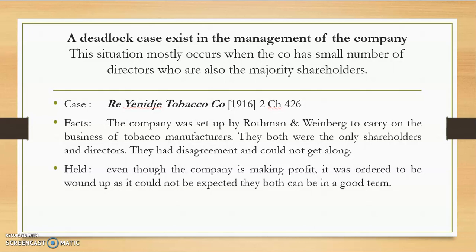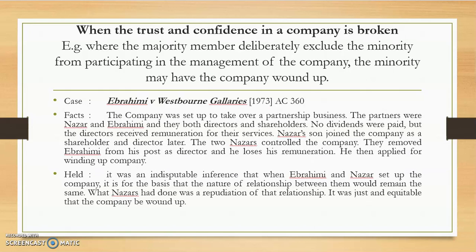Okay, and then the third one is when the trust and confidence in a company is broken. So for example, when the majority member deliberately excludes the minority member from participating in the management of the company. In the case of Ebrahimi v Westbourne Galleries, the company was set up to take over a partnership business. So the partners were only Nazar and Ebrahimi. They were both directors and shareholders.